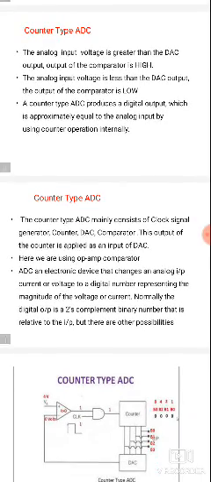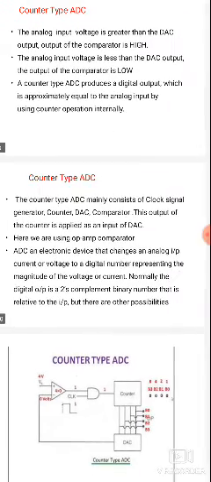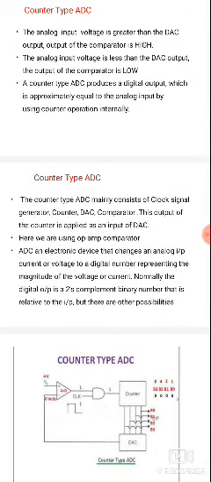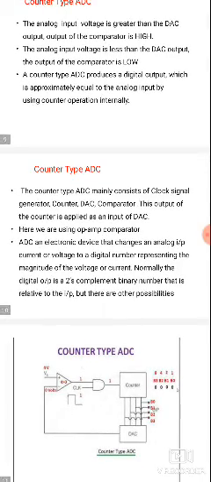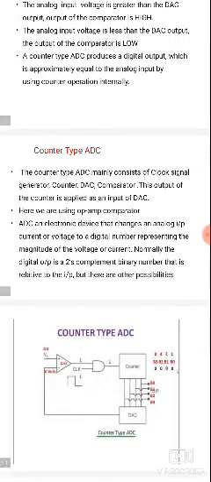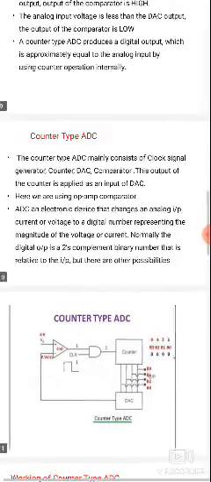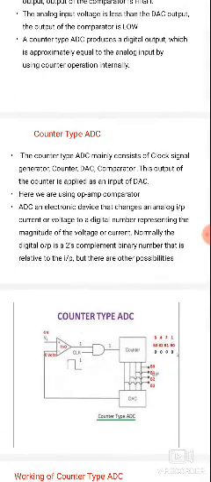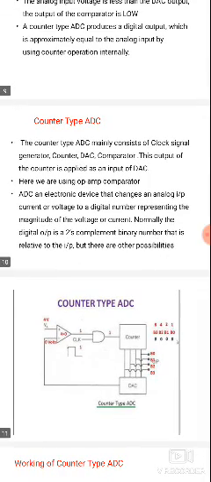Whenever the AND gate is disabled, the clock pulses don't reach the counter, so the counter stops counting. Whenever the comparator is high, that is, the analog input is greater than the DAC output, that is the only condition in which the AND gate is enabled, clock pulses are transmitted to the counter, and the counter starts counting.